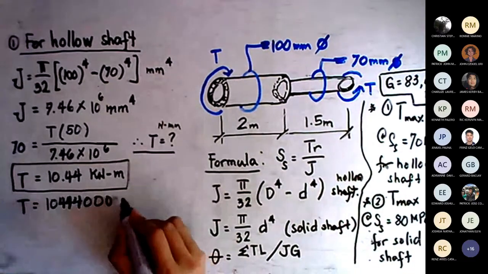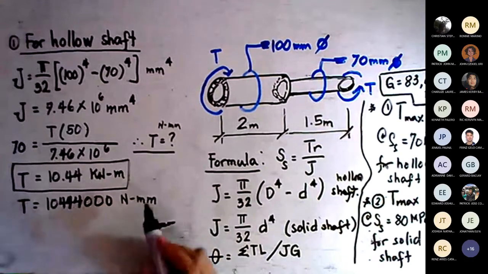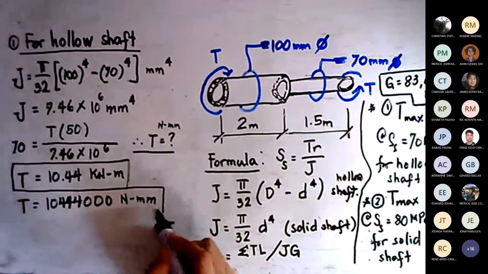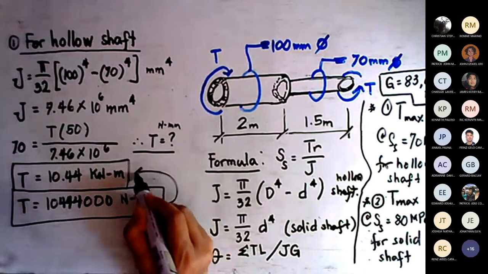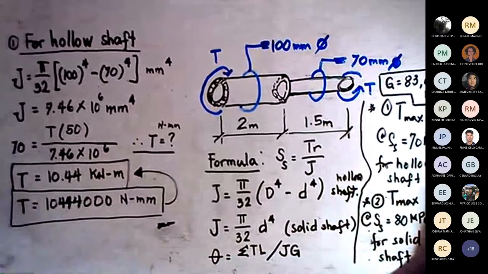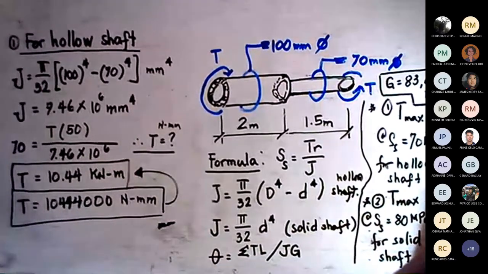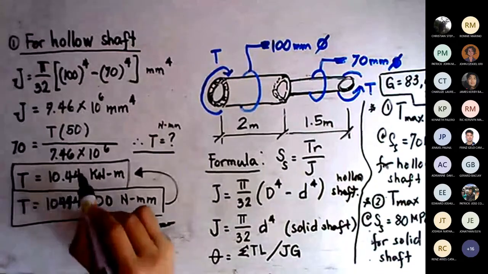This is Newton mm. So, kinonvert ko lang into kilonewton meter. Okay, parehas lang din yan. Divided by 1,000 para maging kilonewton meter. Okay, 10.444. Question?